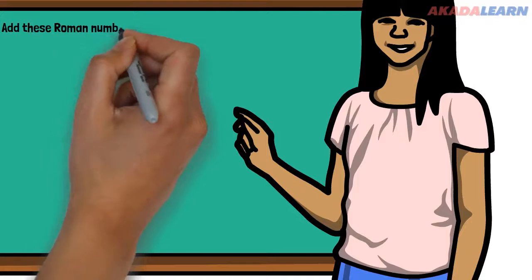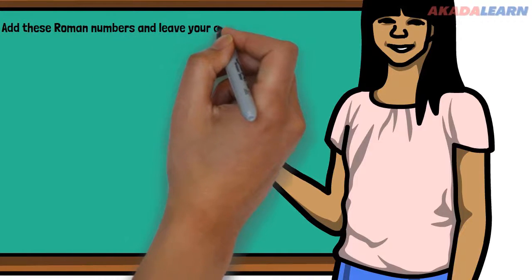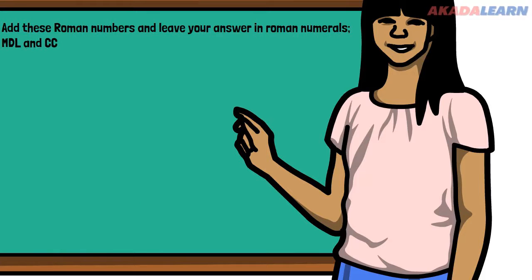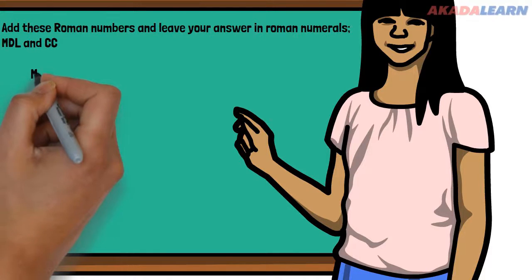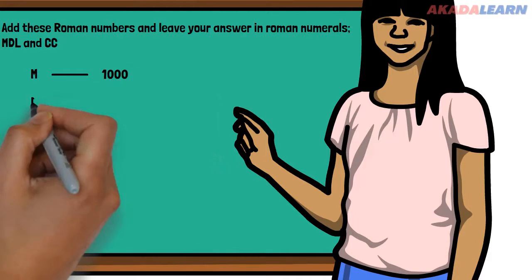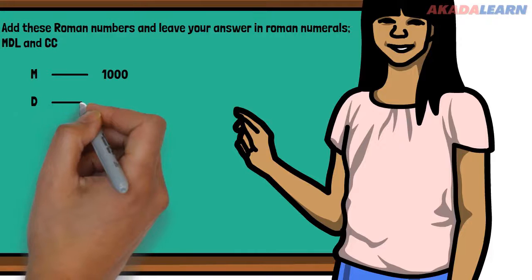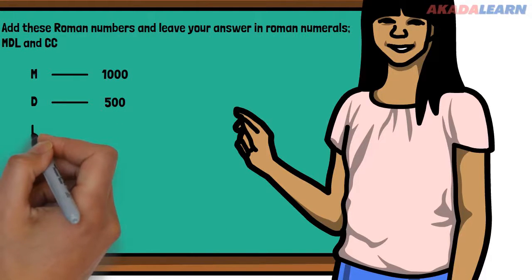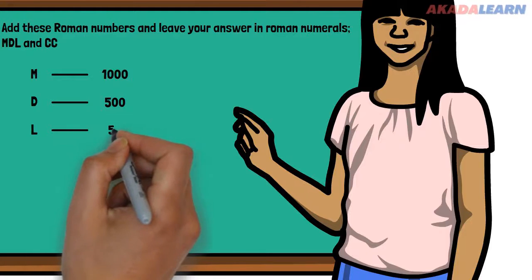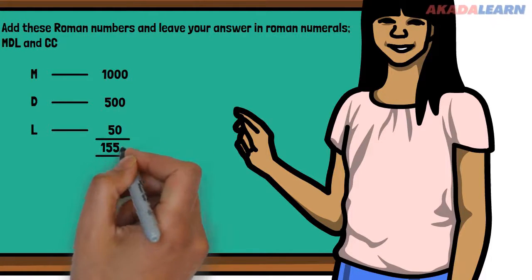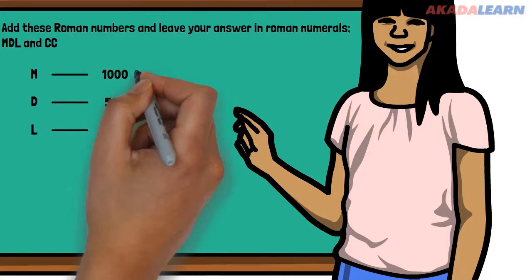All right, so this question is, add these Roman numerals and leave your answer in Roman numerals, MDL and CC. So let's begin. M we know is 1000, D is 500, L is 50, which adds to 1550.